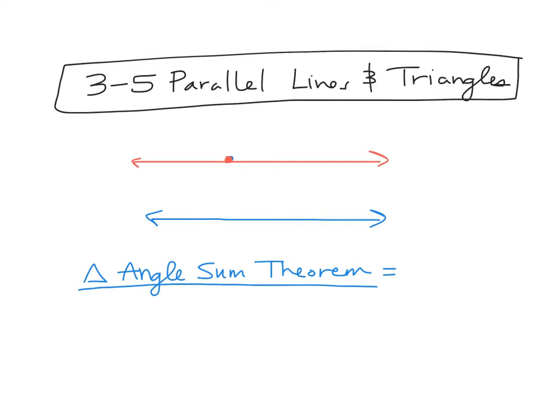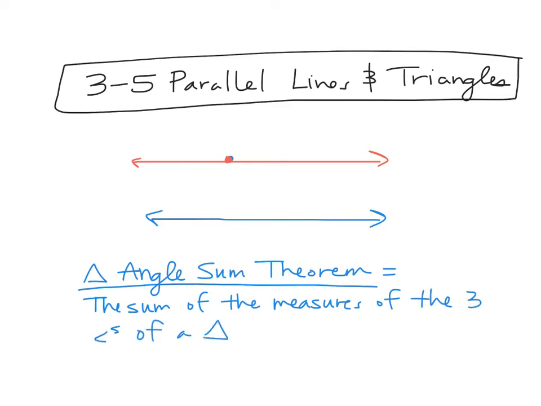To what, Matthew? To 180 degrees, right. So the triangle angle sum theorem says the sum of the measures of the three angles of a triangle is 180.